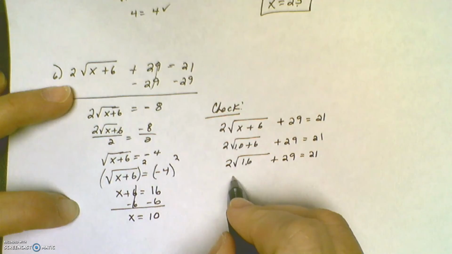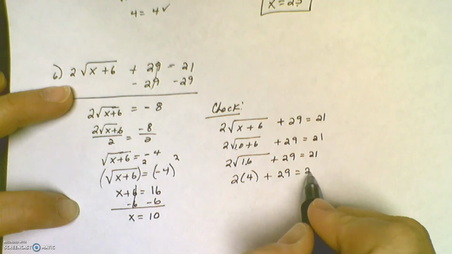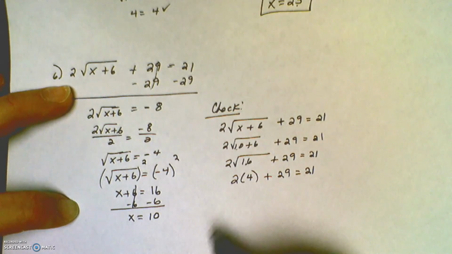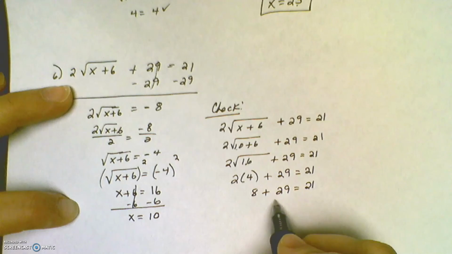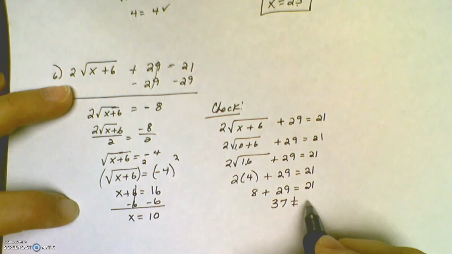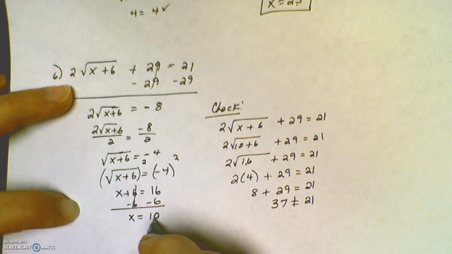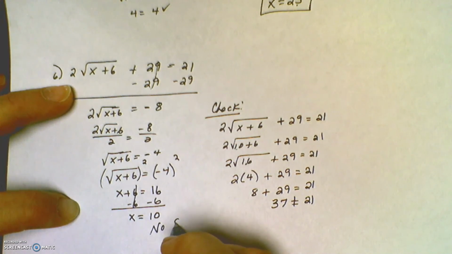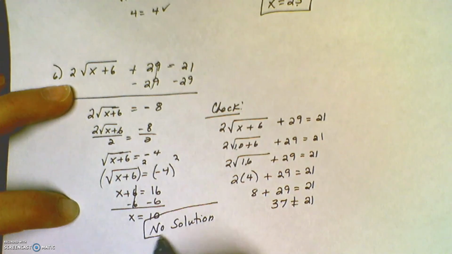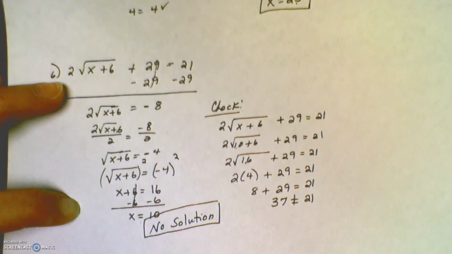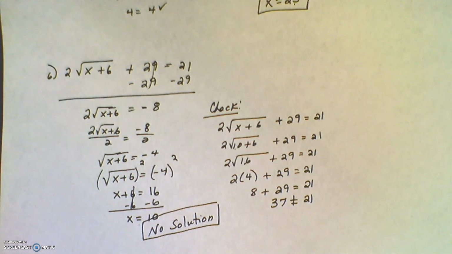Square root of 16 is 4, so 2 times 4. 2 times 4 is 8. 8 plus 29 is 37, but that does not equal 21. So x equals 10 does not work, so we have no solution. Even though we got x equals 10, it is an extraneous solution because the check does not work.